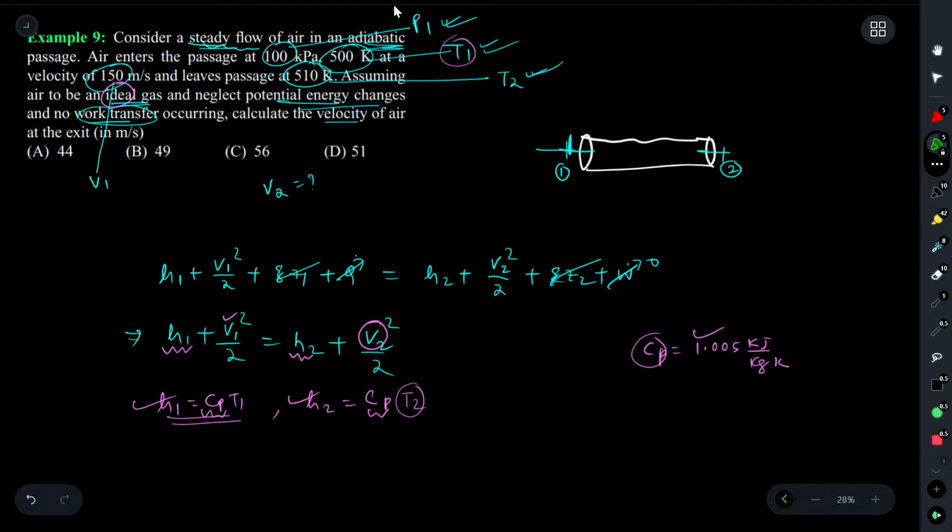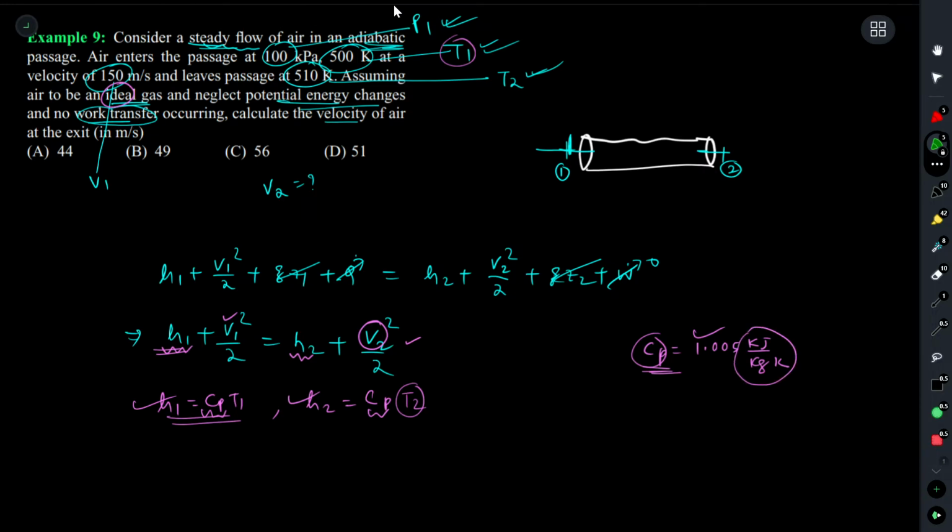So if I can find out the value of H1 and H2, then simply I will be putting all these values over here and I can find out the value of V2. So before putting all these values here, we have to understand one thing. Here I have written this Cp in terms of kilojoule per kg Kelvin, right?